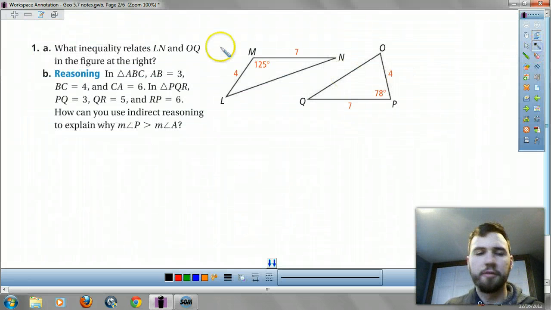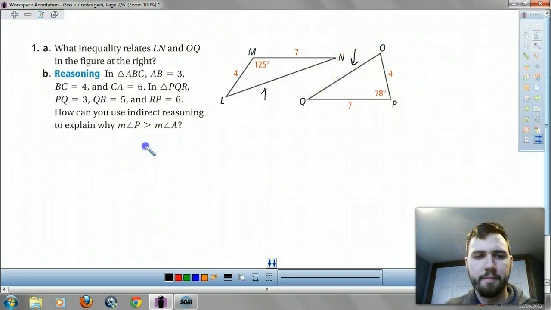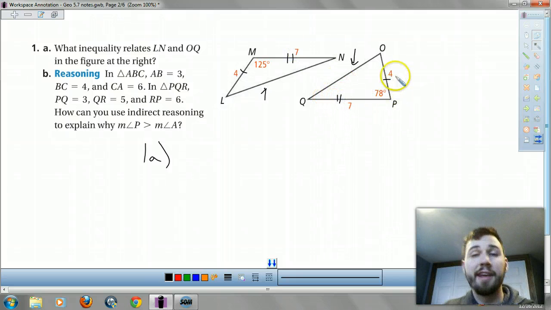Let's take a look at how this works. One inequality relates LN to OQ. Well, this side is congruent to this side. This side is congruent to this side. So we have a side angle side inequality.